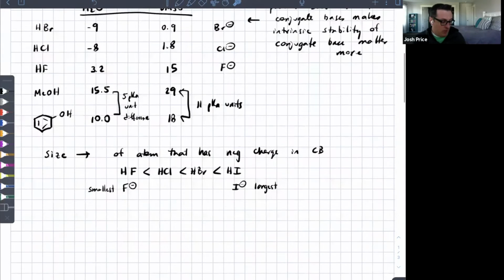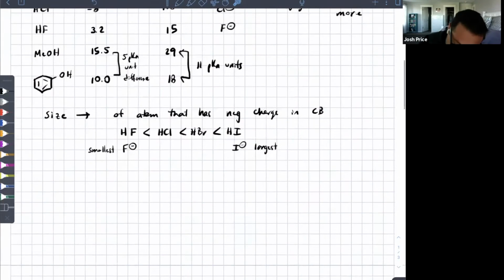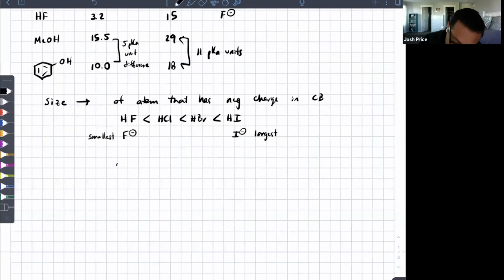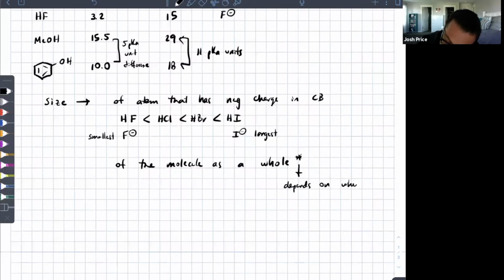The second way that size can affect things is just the size of the molecule as a whole. And here you've got to be careful because it depends on whether you're in solvent or in the gas phase.